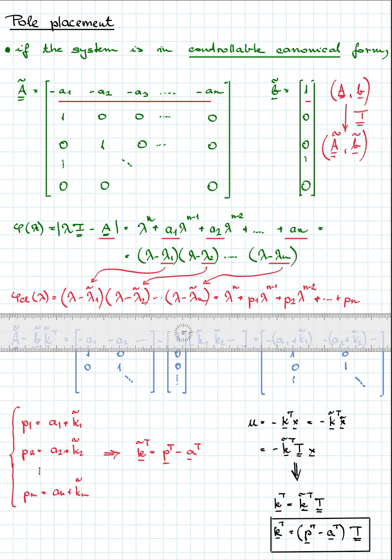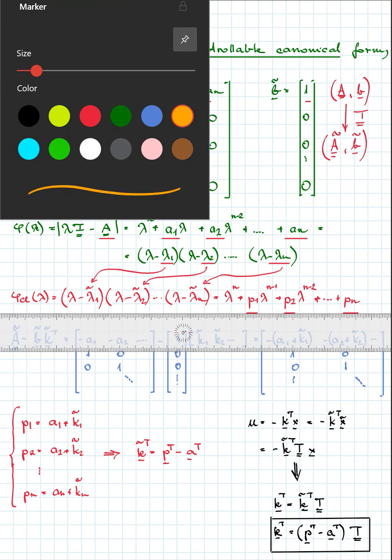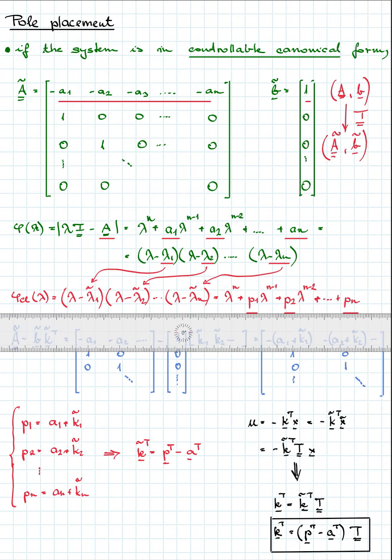And from this closed loop characteristic polynomial, we are going to get the coefficients p1, p2, and pn. It means that, and I draw it with another color, from the open loop system we will have a closed loop system, and we would like to change the characteristic polynomial coefficients from a1 to p1, for example, from a2 to p2, etc., from an to pn.